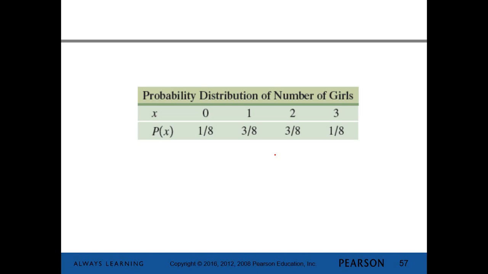So half of 3 is 1 1/2. So the expected number of girls is 1 1/2, and that's the answer. Again, you could use the definition of expected value, and you can use the other formula, and it'll give you the same answer. Or you can use the fact that this is a binomial probability, and it's just n times p, where n is 3 and p is 1/2, and you get the same answer.